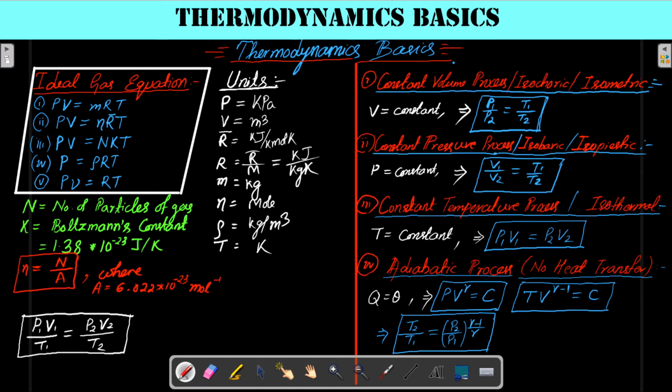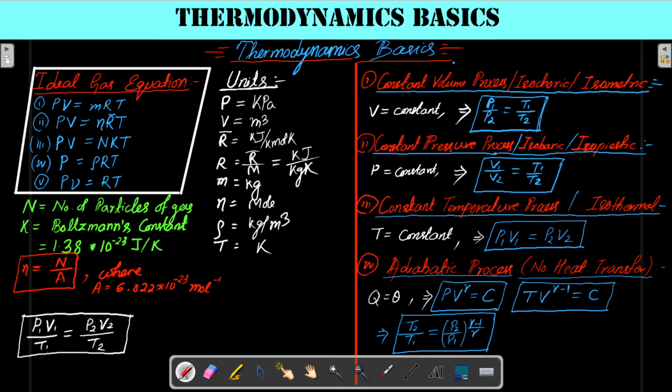P equal to rho RT, where rho is the density of the gas, and Pv equal to RT, where v is the specific volume, whose unit is meter cube per kg. And n equal to capital N upon A, where A is the Avogadro number, 6.022 into 10 to the power 23 mole inverse.